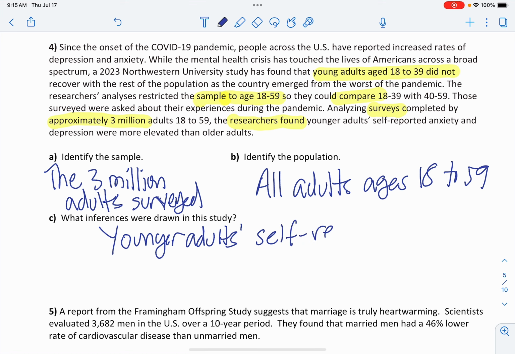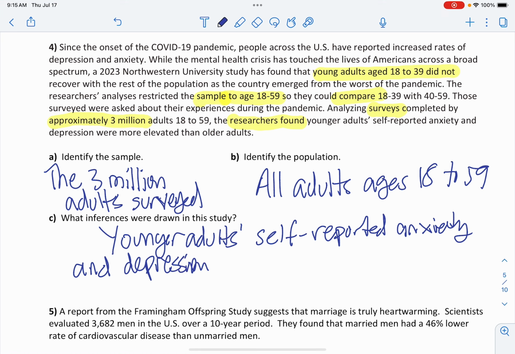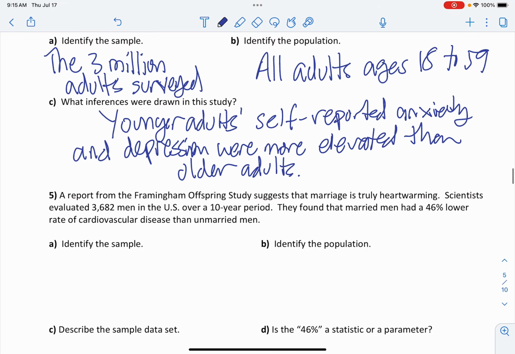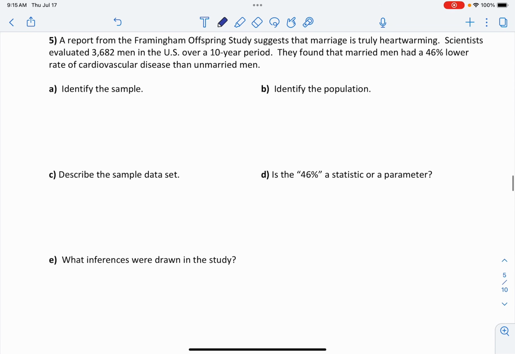Okay. You can fast forward through this if you don't want to watch me write my chicken scratch. Okay, there we go. All right, let's look at one more.